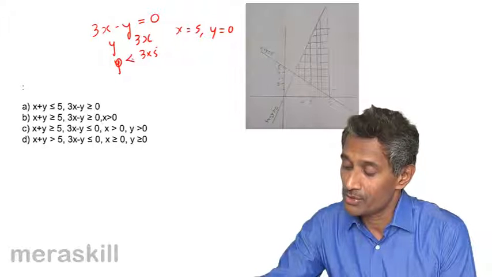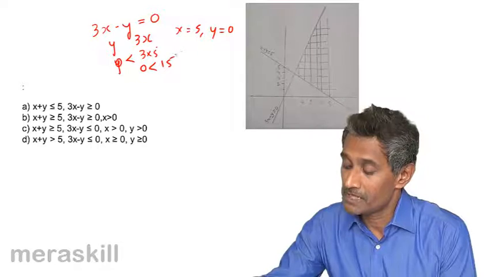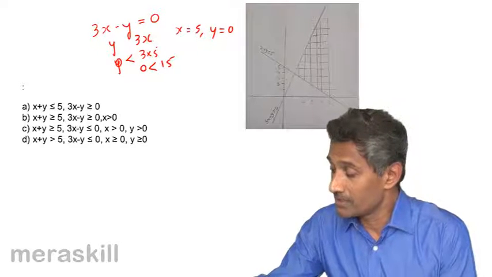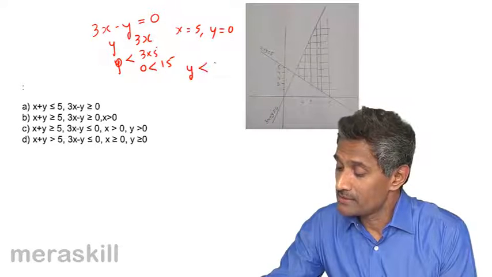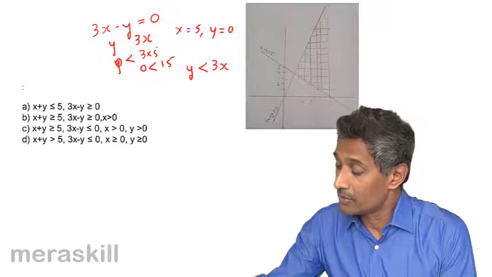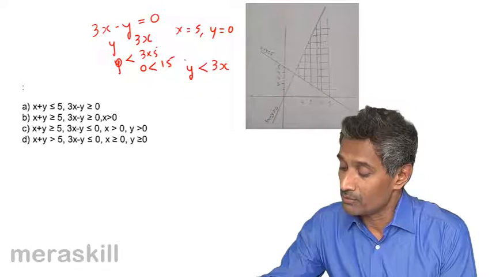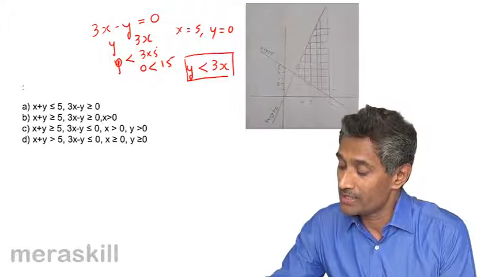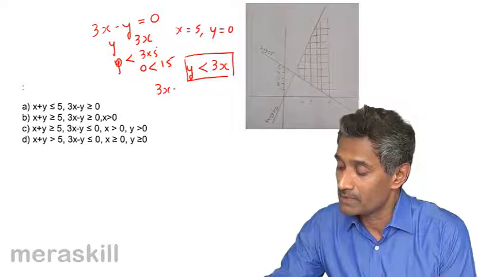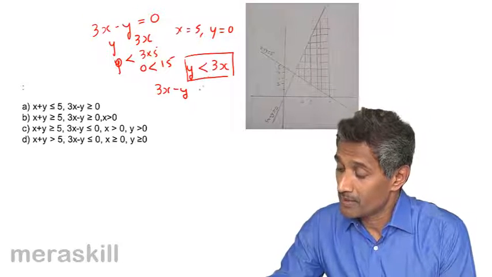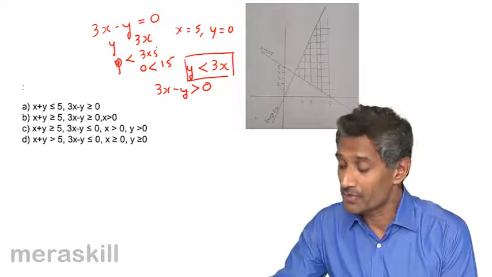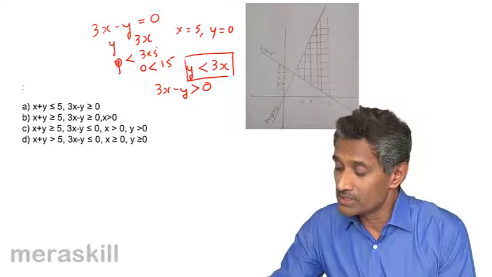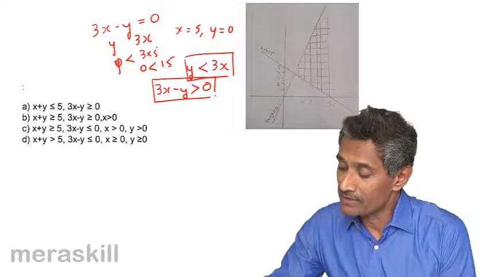So we have 0 is less than 15. So this particular region involves y is less than 3x, which means 3x minus y is greater than 0, which means 3x is greater than y. So this region contains 3x minus y greater than 0.